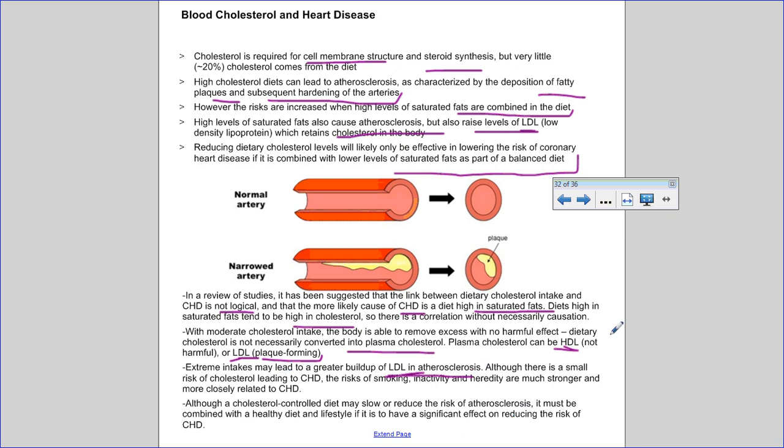Although there is a small risk of cholesterol leading to coronary heart disease, the risks of smoking, inactivity, and hereditary factors are much stronger and more closely related. Although a cholesterol-controlled diet may slow or reduce the risk of atherosclerosis, it must be combined with a healthy diet and lifestyle if it is to have a significant effect on reducing the risk of coronary heart disease.